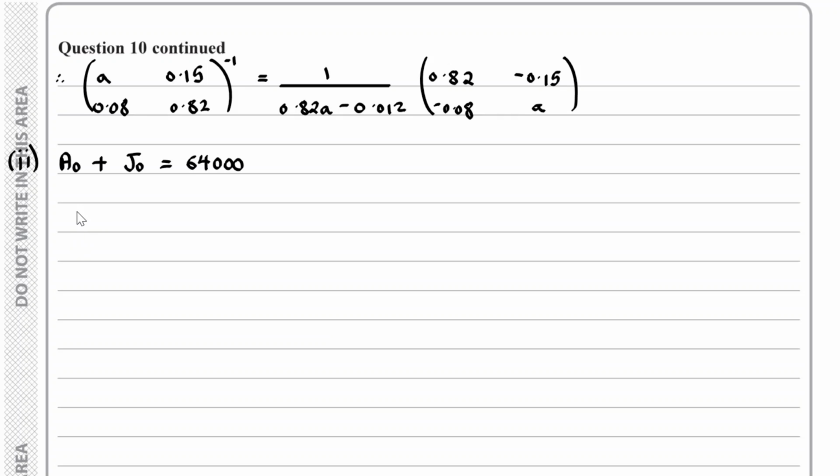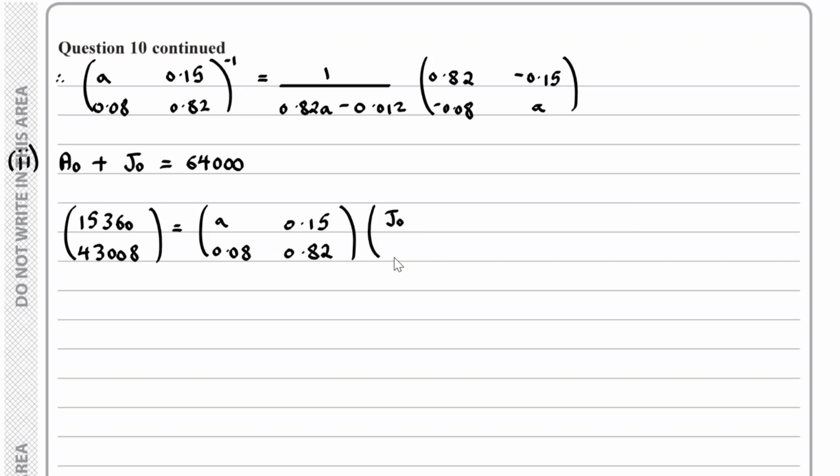Using that, we have 15,360 and 43,008, and this is equal to the matrix A, 0.15, 0.08, 0.82, multiplied by J0, A0. So we can form two equations from this matrix.